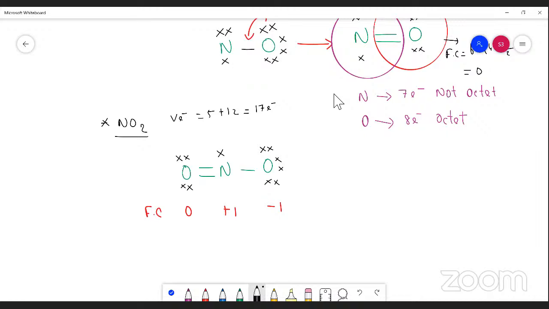The formal charges are 0, +1 and -1. So it is the correct structure, even though nitrogen has an odd electron.